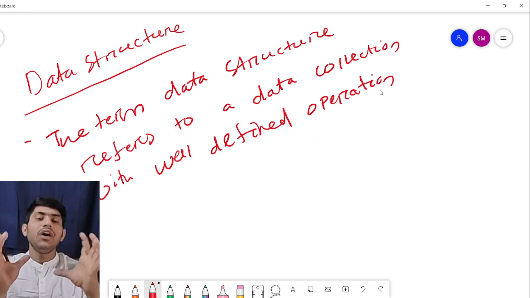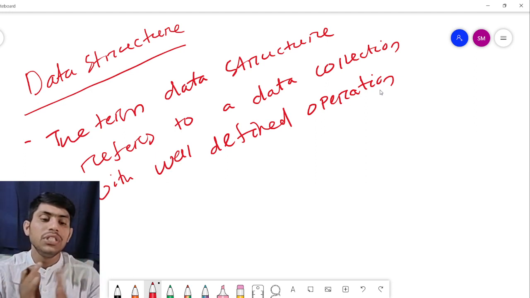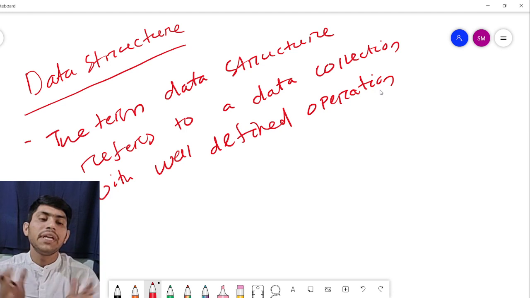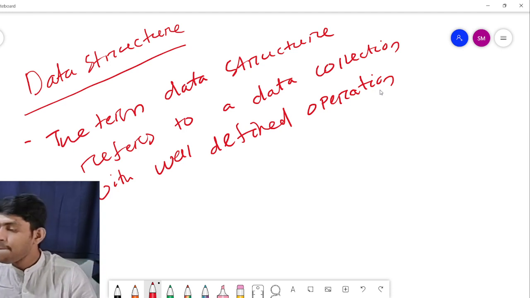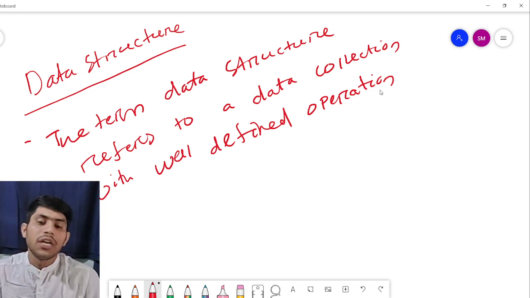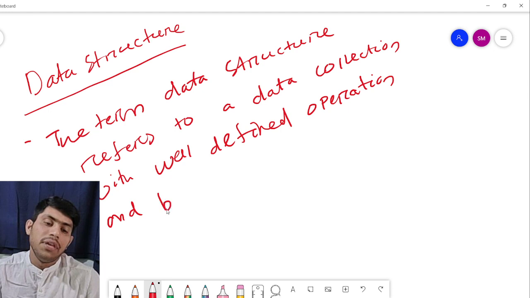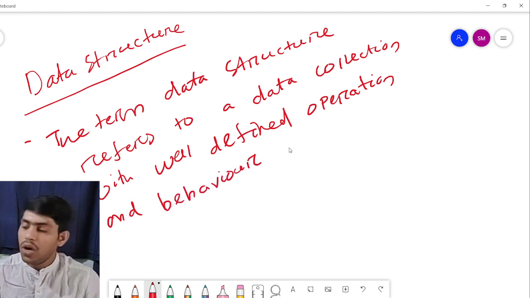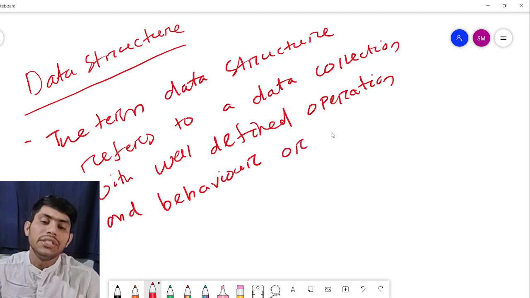Operation means the different operations we can perform by using the particular data. By taking the particular data, different operations we can do. Operation and behavior, or it is called properties.